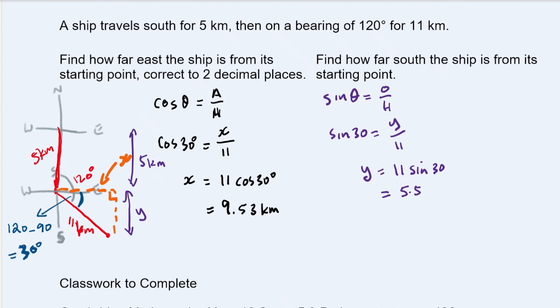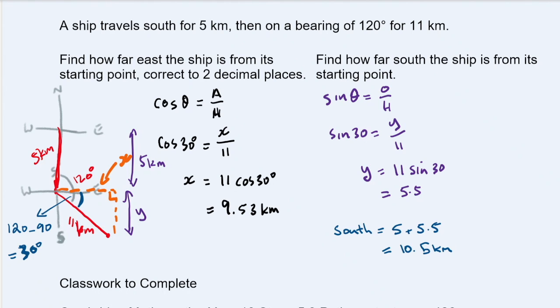We add that to the other bit. So south equals 5 plus 5.5 will get us 10.5 kilometers. And we should really chuck in a sentence answer for the bottom.